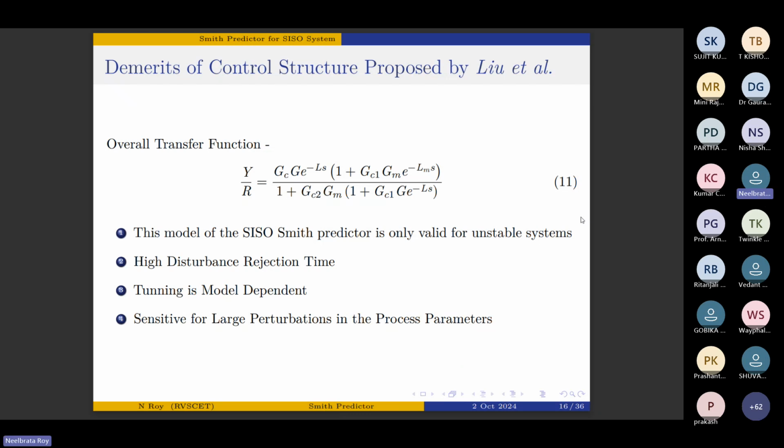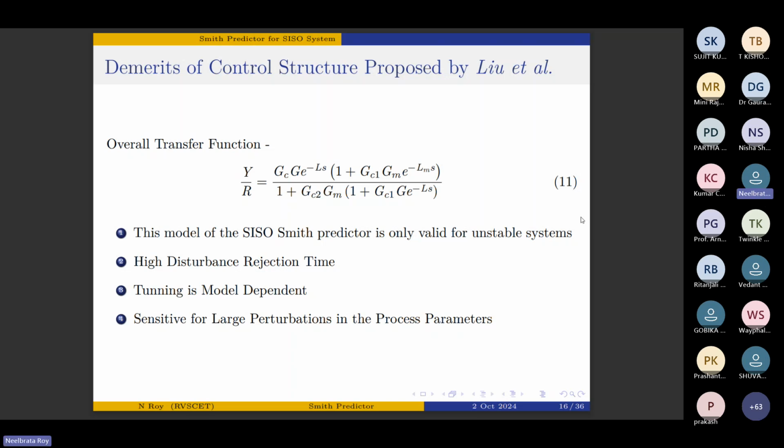This is the overall transfer function of the system, and you can again see that if G is equal to GM and L is equal to LM, the system will have no delay in the denominator of the transfer function. So we can again say this is a new Smith predictor structure.